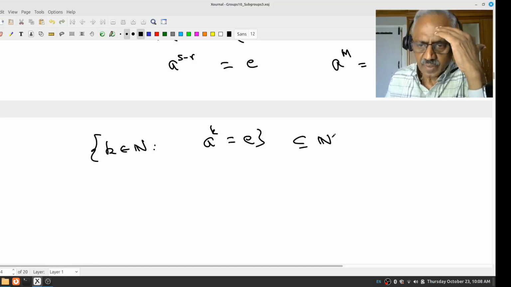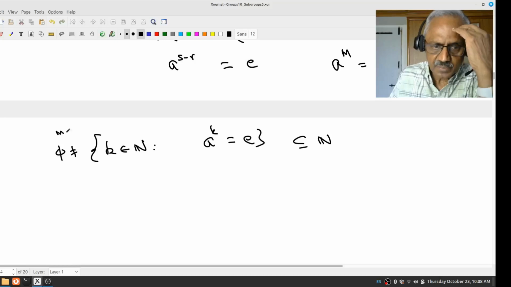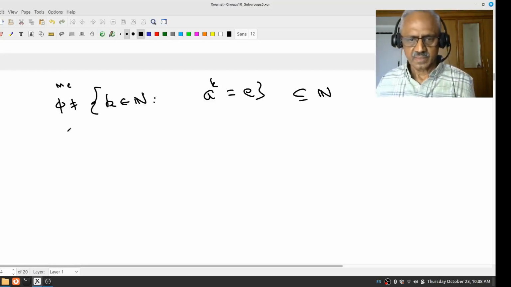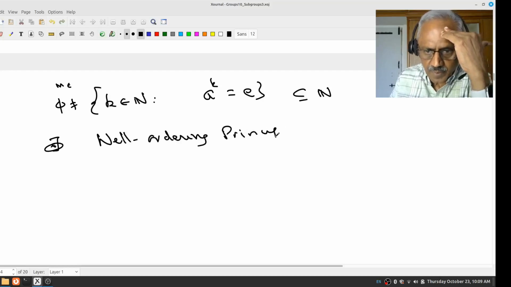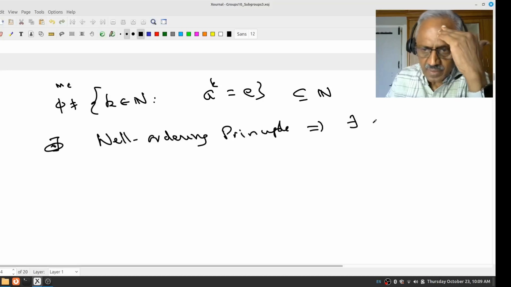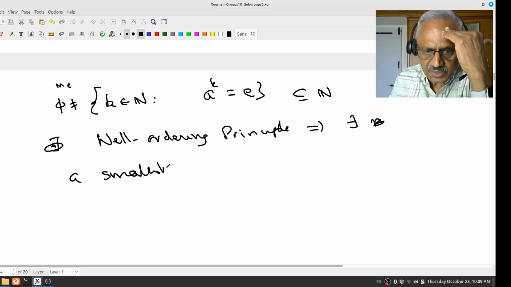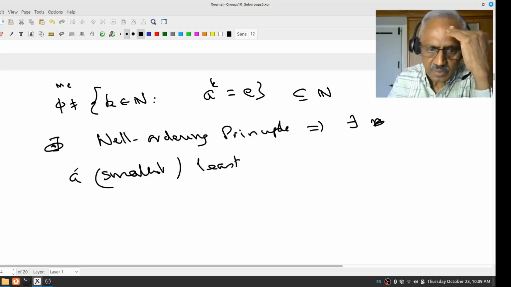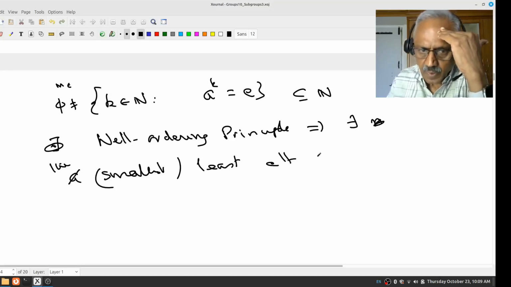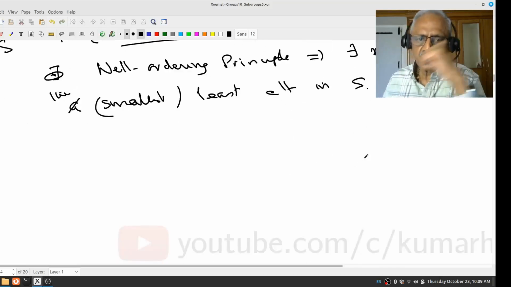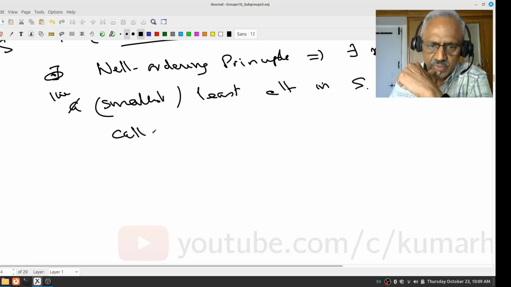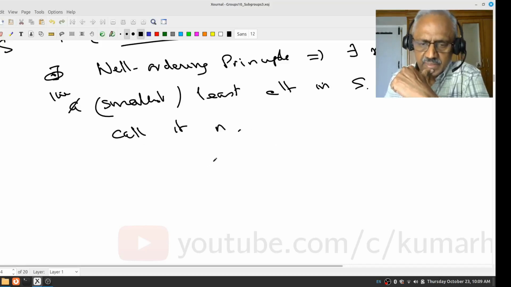This is a subset of N and it is non-empty, because m belongs to it. Therefore, by the well-ordering principle, there exists a smallest integer, the least element in this set. Call it n.